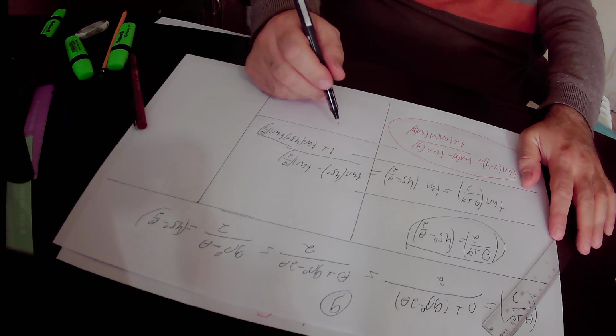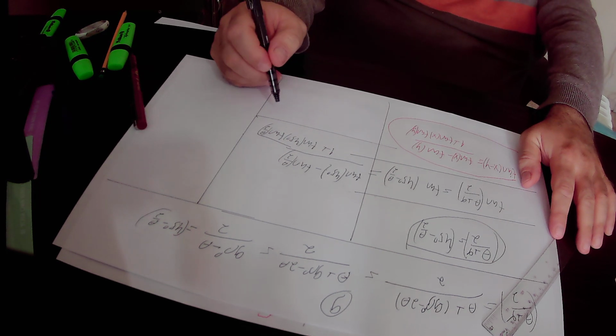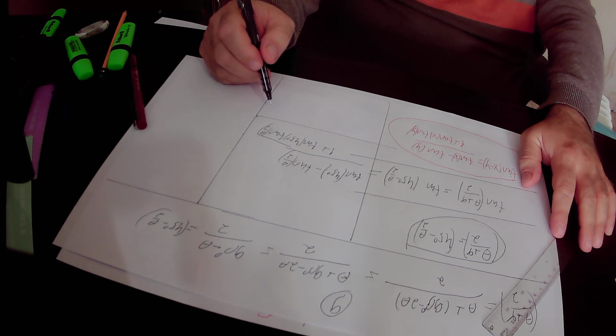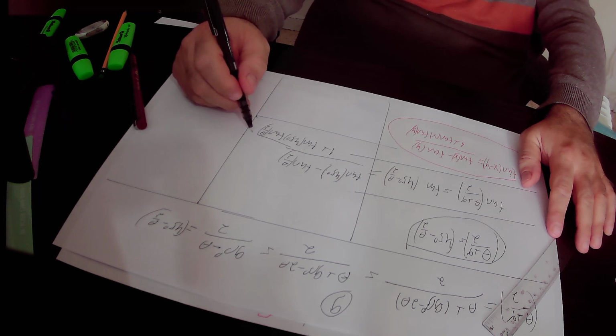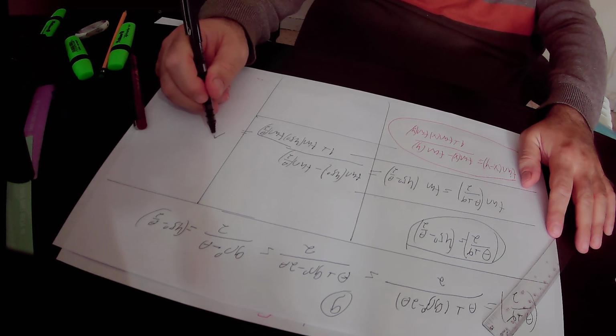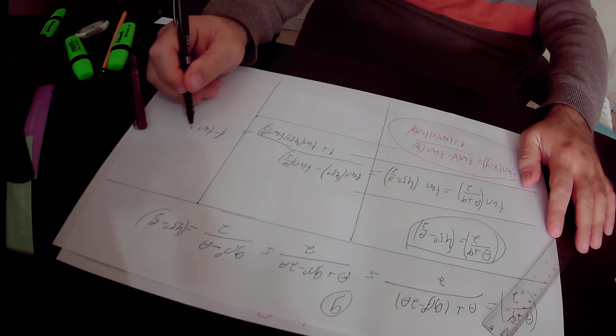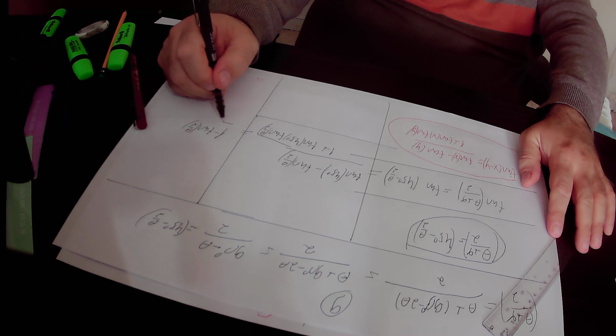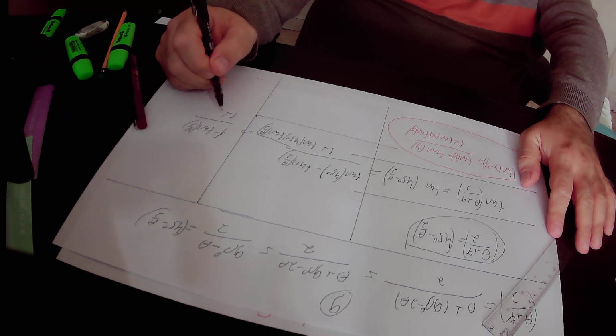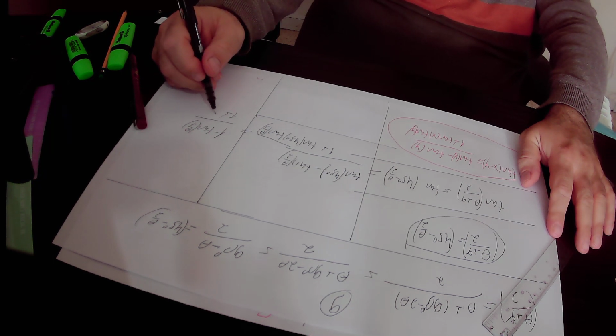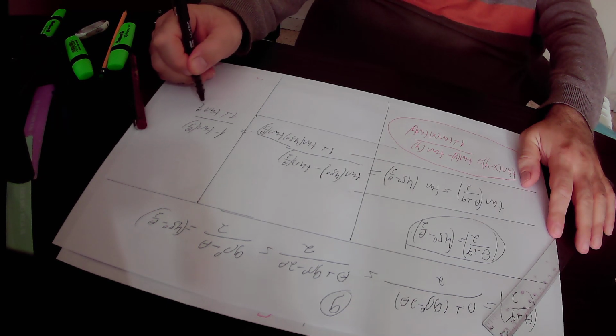So tangent 45 degrees is 1. So it is 1 minus tangent theta over 2 over 1 plus tangent 45 degrees is 1 times tangent theta over 2.